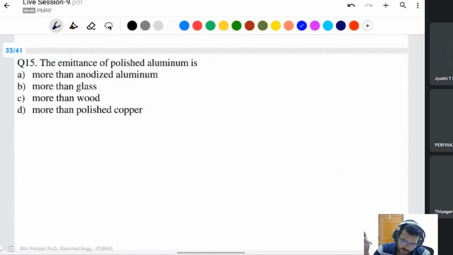The emittance of polished aluminum is more than wood.